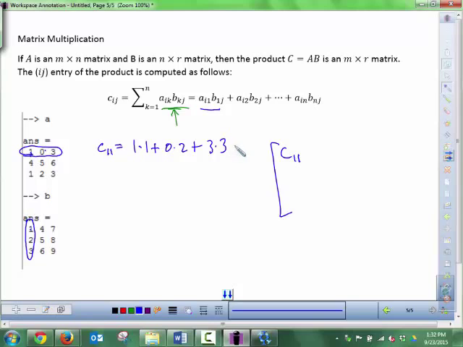And so that's going to equal a 10, right? So our first element in our C matrix is 10.